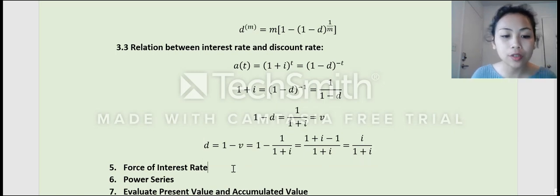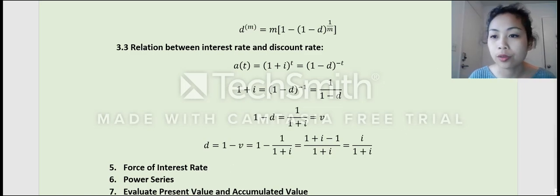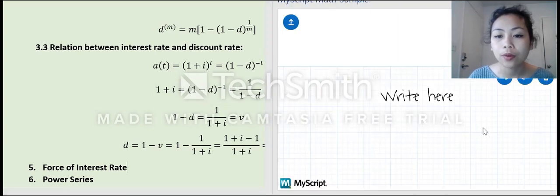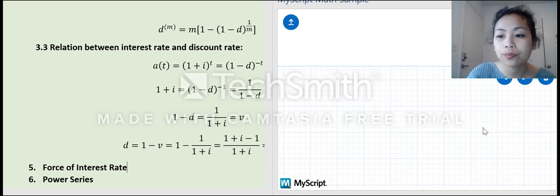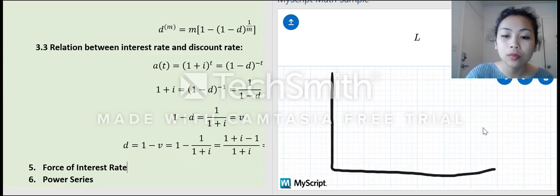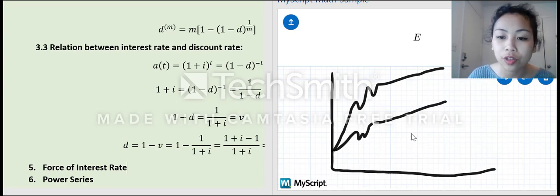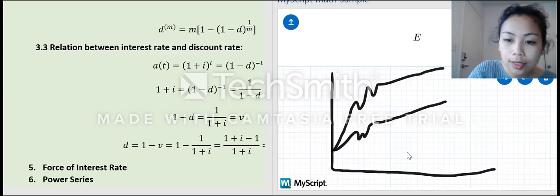Next, we will consider the force of interest rate. So, why do we need the force of interest rate? Suppose we compare two accumulation functions. One accumulation function shows up like this and then increases by a constant rate, and the second function goes like this. This is the shape of two different accumulation functions. Let's say this is time t.